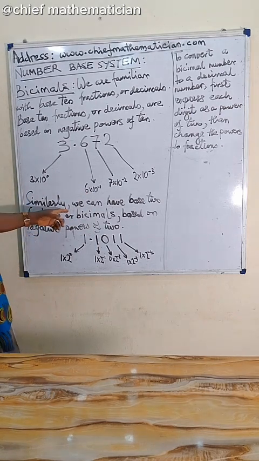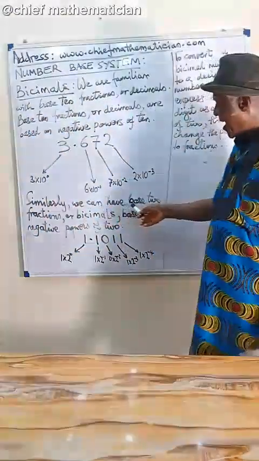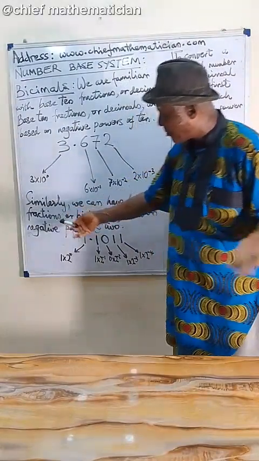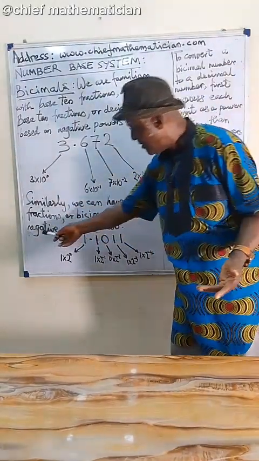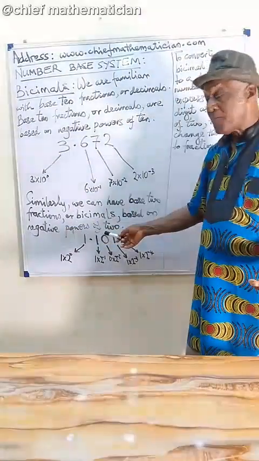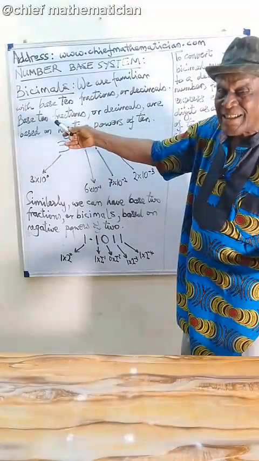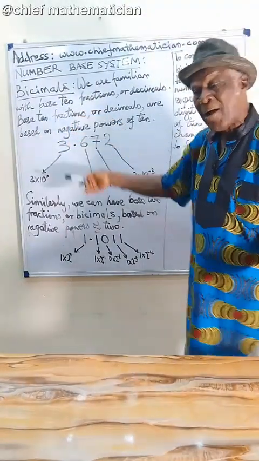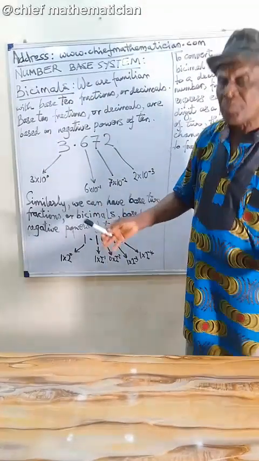So similarly, we can have base 2 fractions or bicimals based on negative powers of 2. The other one was based on negative powers of 10, because we are talking about base 10. Now in base 2, you talk about negative powers of 2.